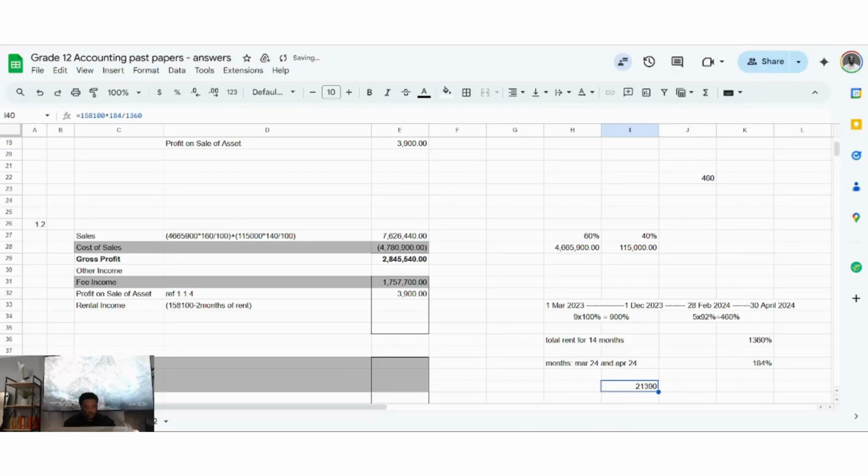So then for rental income, 158,100 minus 21,390, that basically gives us 136,710. Okay, hope that is clear, and you can play with pretty much an increase or a decrease, whatever the case is, so that you can understand this concept. But it comes up so many times, so it's important for you to make sure that you understand it.